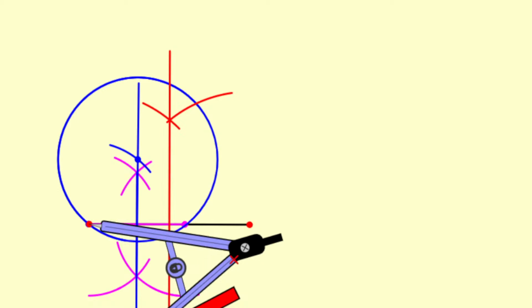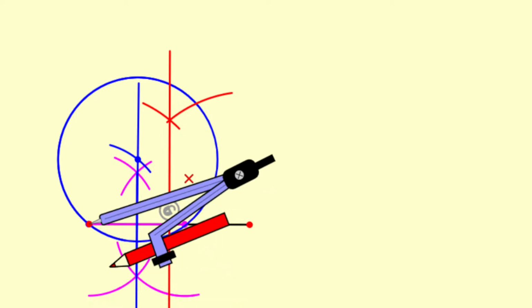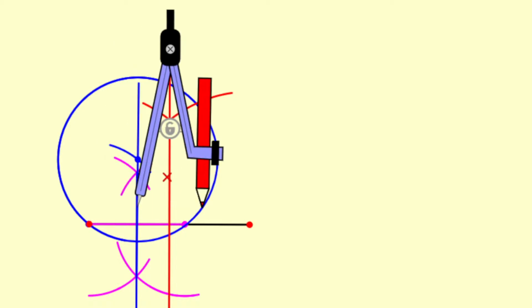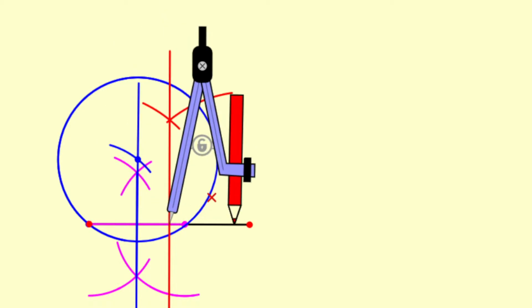After this, again with the help of the compass we have to draw, but the radius should be this one. You have to keep your compass at the perpendicular bisector, now with red color I have drawn.